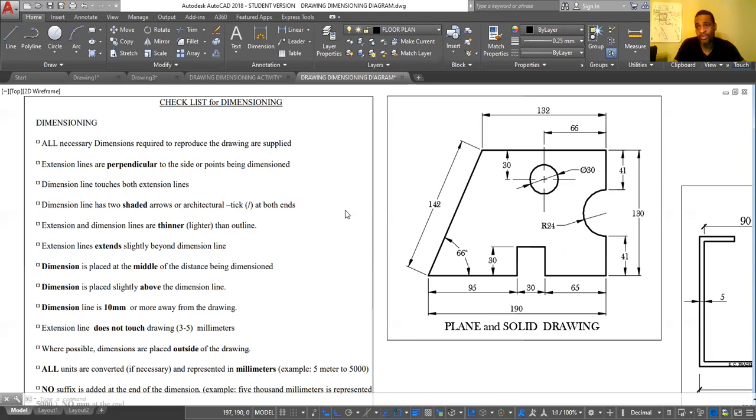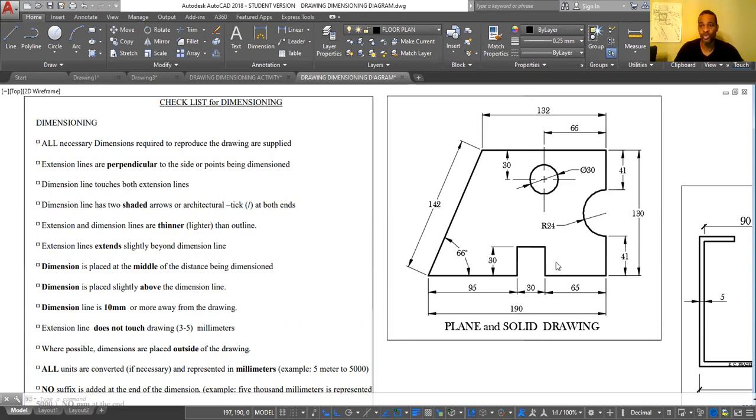For engineers, architects, and tradespersons, correct dimensioning helps to eliminate guesswork and prevents errors in a drawing. There are some basic drawing rules that we need to apply when dimensioning. Here I have a checklist of approximately 13 rules or guidelines that one should follow when dimensioning an object.